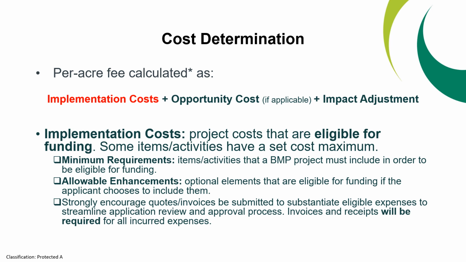And in the funding list, each of these implementation costs that are required or offered are clearly listed for each BMP offered. So make sure you review that prior to your application. We strongly encourage quotes or invoices be submitted. That's to help substantiate eligible expenses to streamline application review and approvals. Note that invoices and receipts will be required for all incurred expenses.